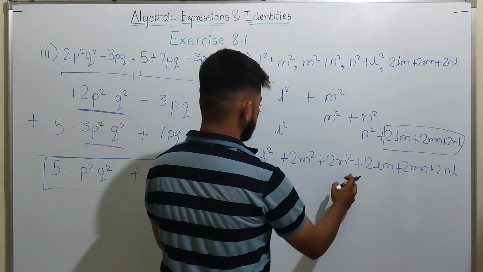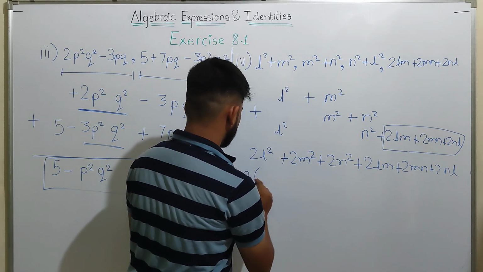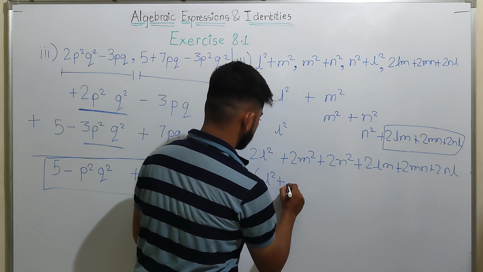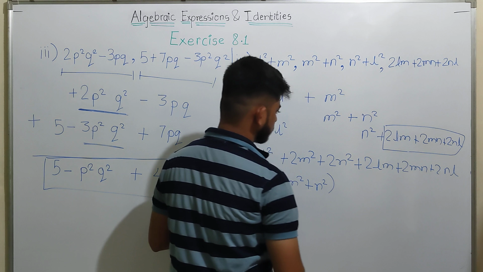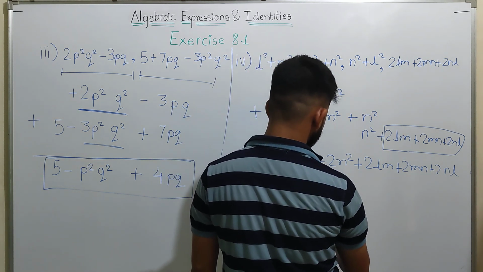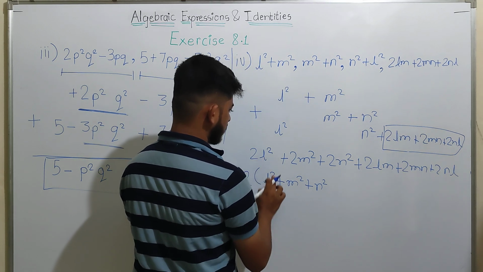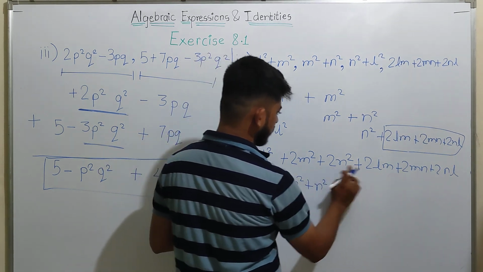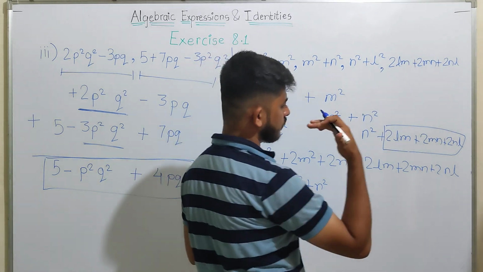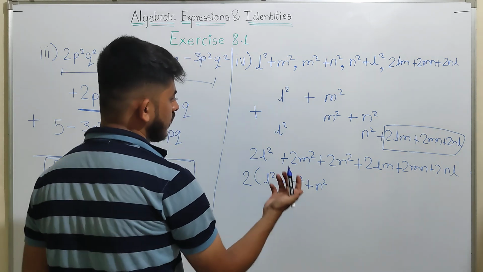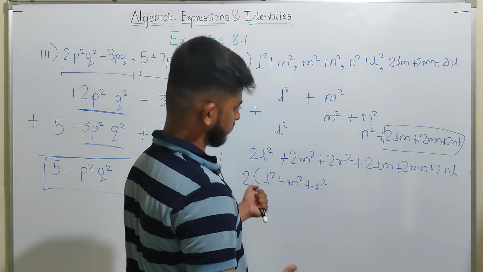Now here we have 2 into bracket l square plus m square plus n square. Similarly, 2 into l square, 2 into m square, 2 into n square. The number 2 is fixed over here.